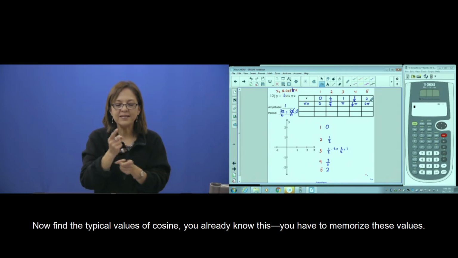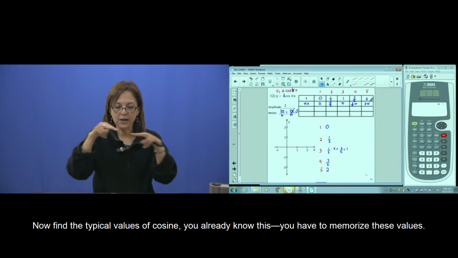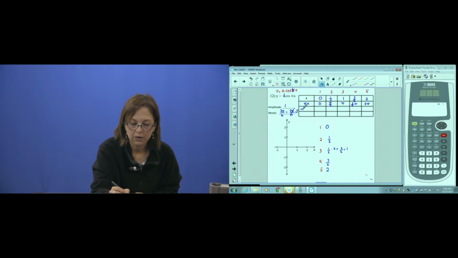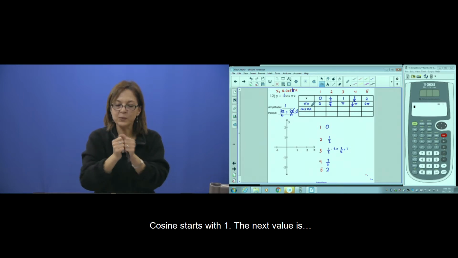Now find the typical values of cosine. You already know this. You have to memorize these values. Cosine starts with 1.